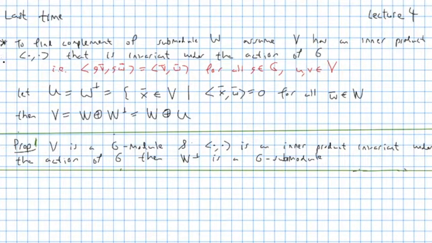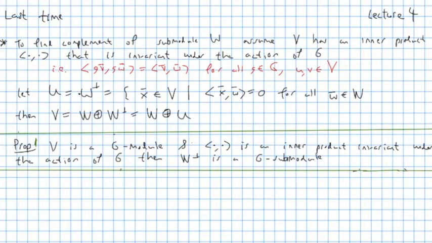One way to do it is using an inner product. Say that V is a vector space with an inner product. We say that it is invariant under the action of the group if the inner product of gv and gw is the same as the inner product of v and w for all elements g of the group and all v and w.